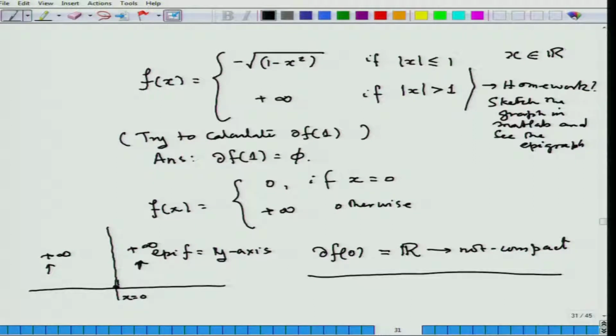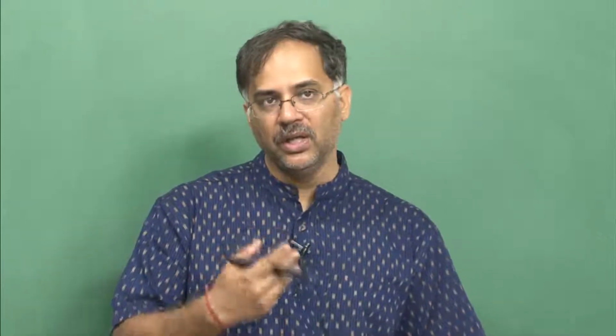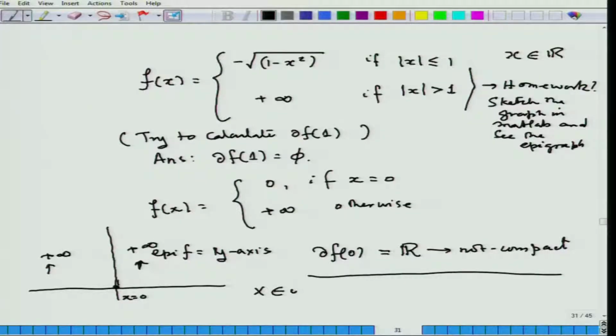When does a subdifferential become closed, convex and bounded even when the function is extended valued? The answer is as follows. If x is in the interior of the domain of f, and you know what the domain of f is already, the domain of f is the set of all x where the function is finite.